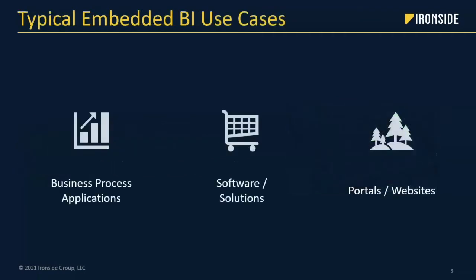All right, so we talk about some typical embedded use cases here. One would be the integration of data and analytics into the applications used by specific personas. So one example might be embedding historical client information into a customer service rep application, right?